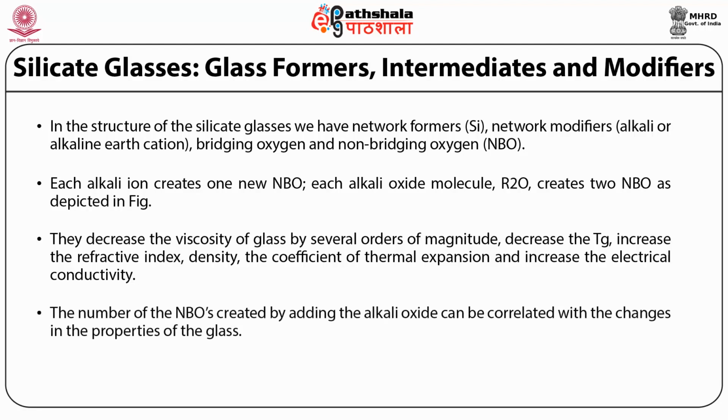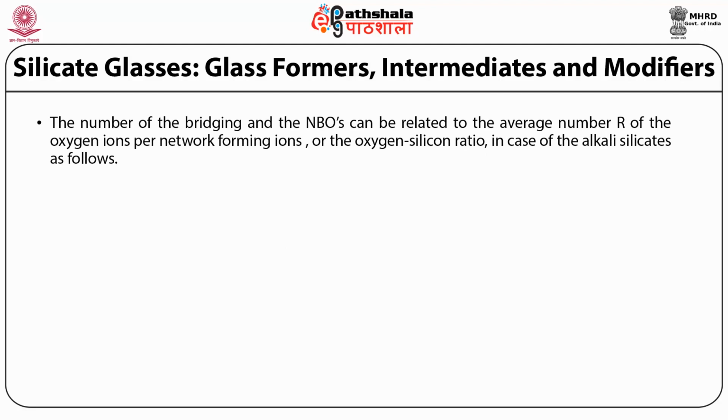The number of NBOs created by adding the alkali oxide can be correlated with the changes in the properties of the glass. The number of bridging and non-bridging oxygens can be related to the average number R of oxygen ions per network forming ion, or the oxygen-silicon ratio in case of alkali silicates, as follows.